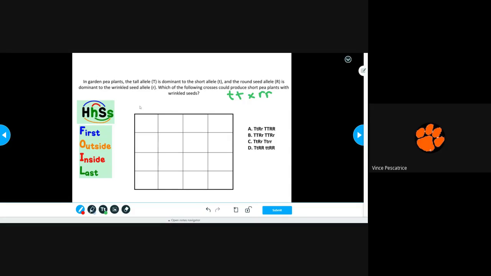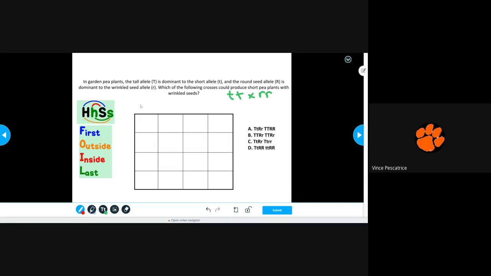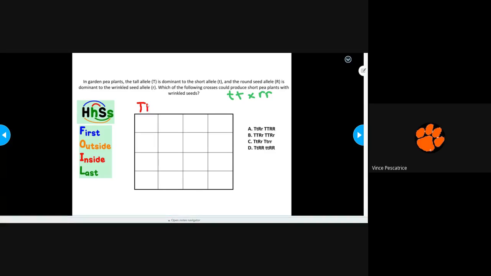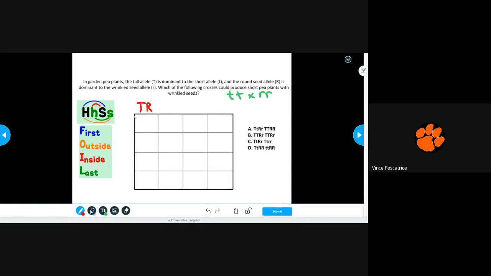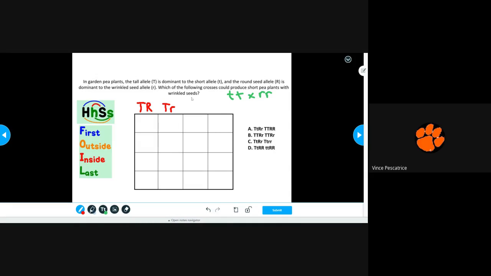So we have capital T, capital R. Next, we have the outside, first outside. So we have capital T, lowercase r. And then we have the inside one, so that would be lowercase t, capital R.